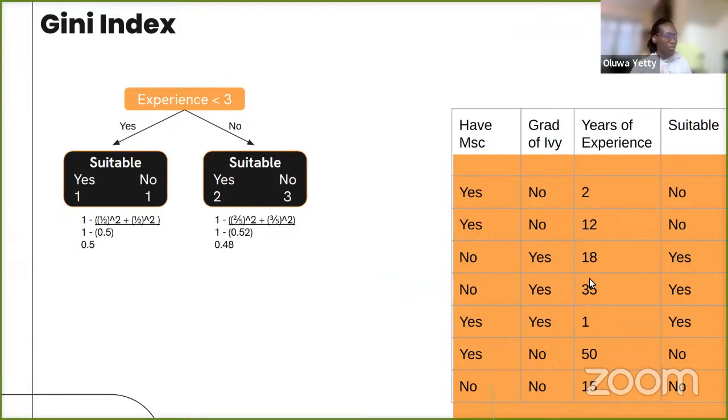Less than 3, we skip that. Less than 3, no, because this is 35, right? 1 is less than 3. Yes, it's less than 3. So what's the suitability? Yes. So we had 1 year. 50 is not less than 3. 15 is not less than 3. So that is how we came across 1, 1. If you still don't understand what I've just explained, please put 0 in the chat before I move to the no branch.